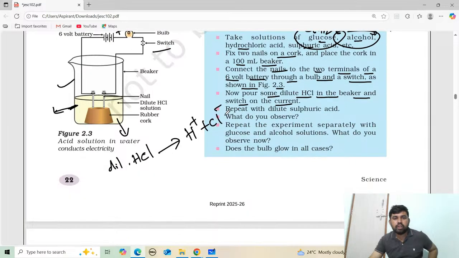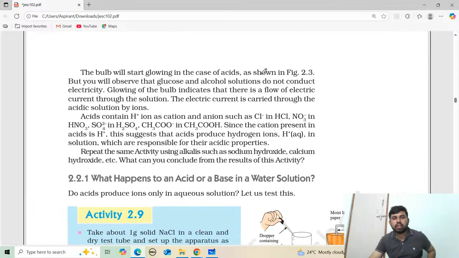Okay, now see what they have given here. So let me discuss this para. The bulb will start to glow in case of acids, shown in figure 2.3. But you will observe that glucose and alcohol solutions do not conduct electricity. Glowing of the bulb indicates that there is a flow of electric current through the solutions.